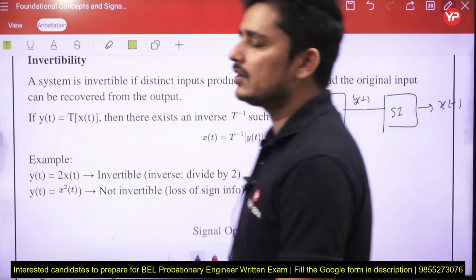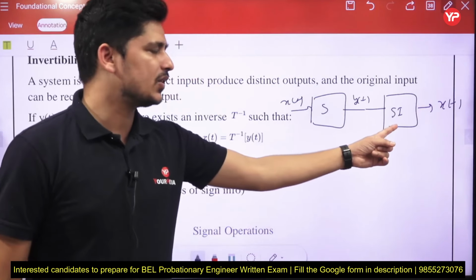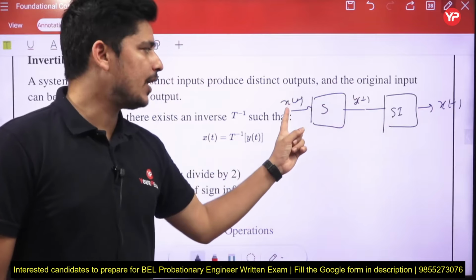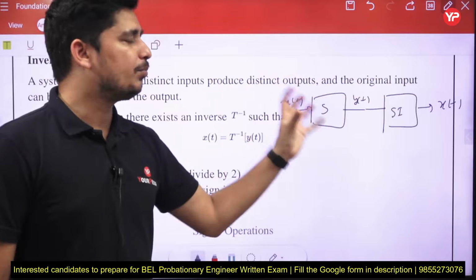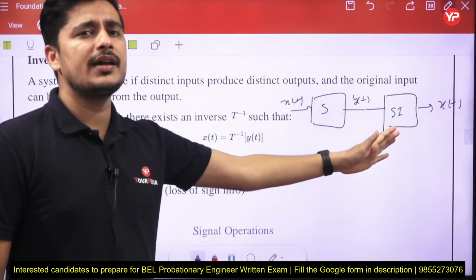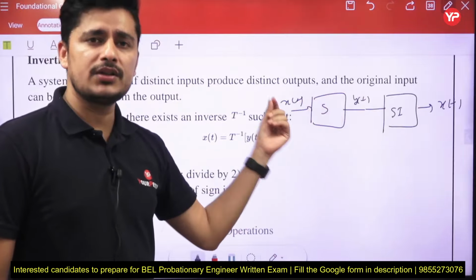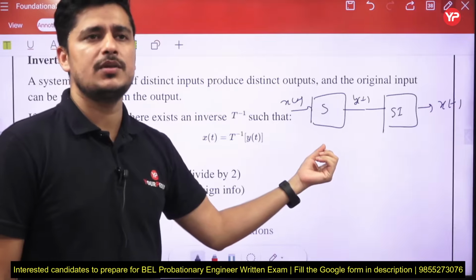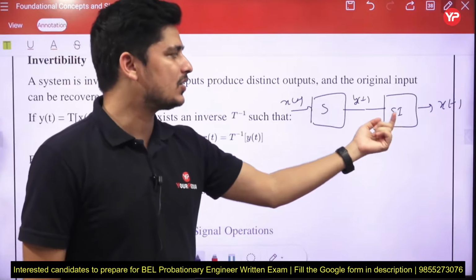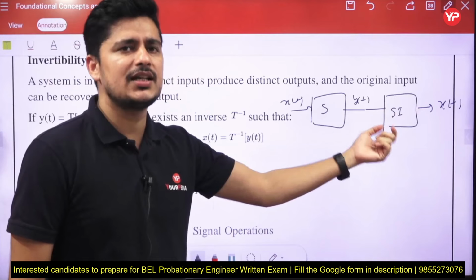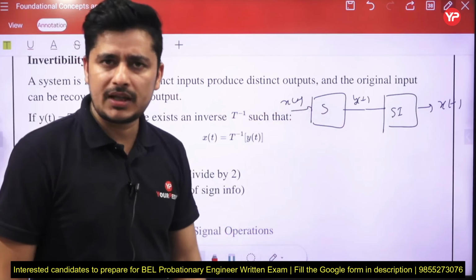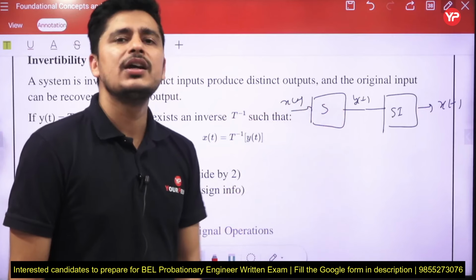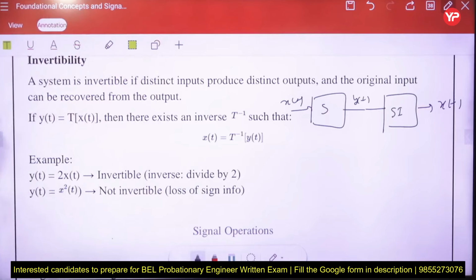If there physically exists a system S_I which produces the same signal that was given as input to the first system, that second system is called the inverse of the first system, and the first system is called an invertible system. So if there exists such a system, then only we can say the system S is invertible, right?